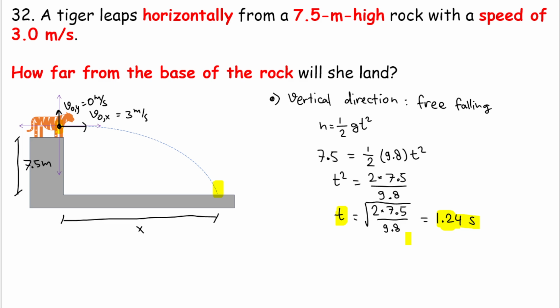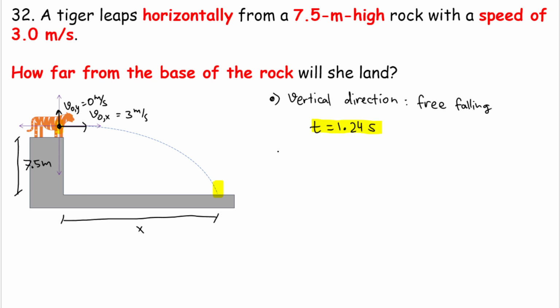And let's now move on to the horizontal direction. In the horizontal direction, we have an initial velocity of 3.0 meters per second, and we will assume that it is constant velocity, right?